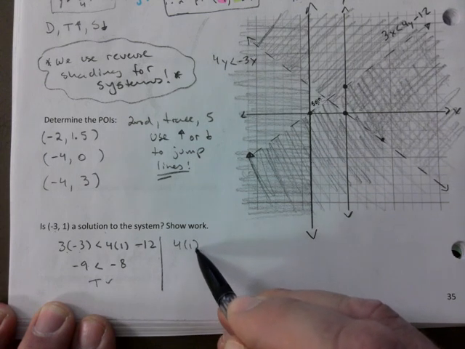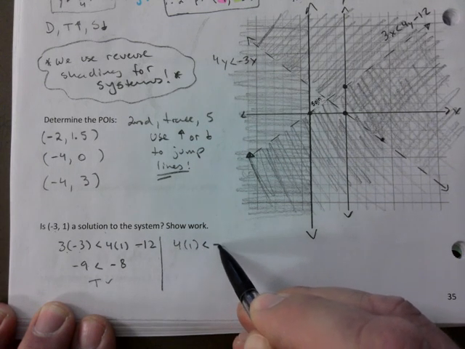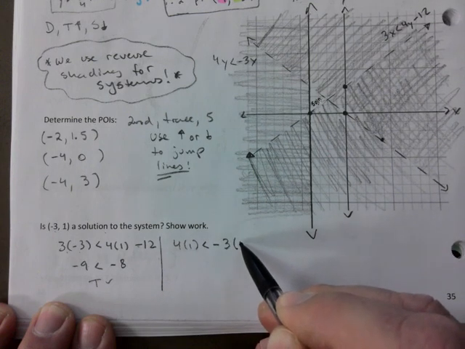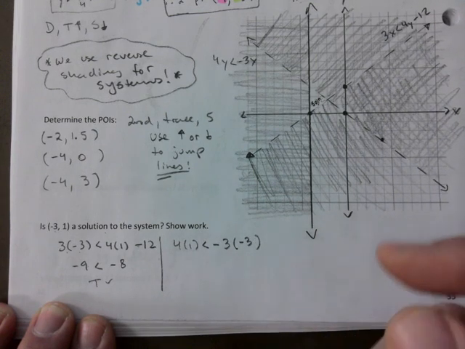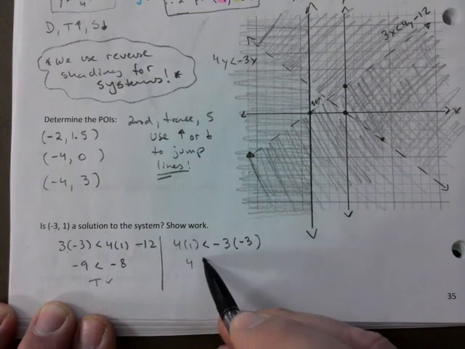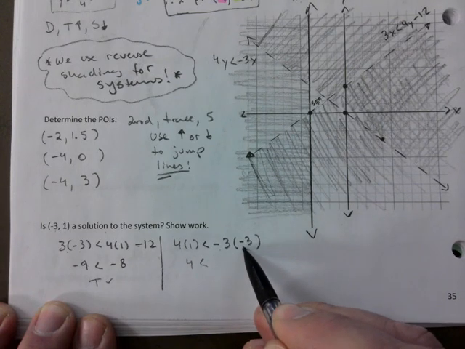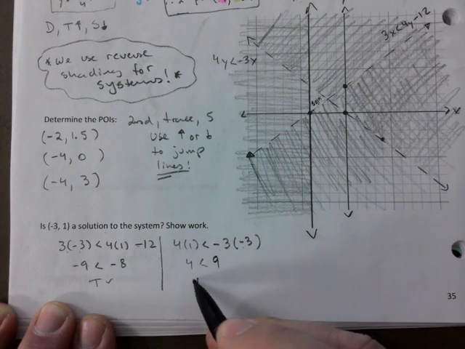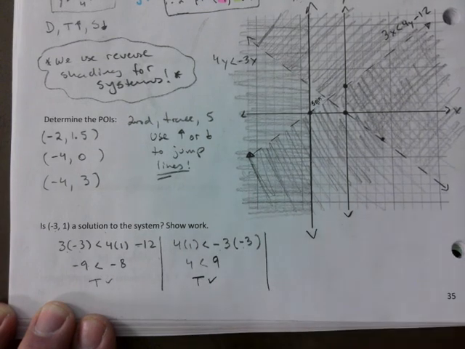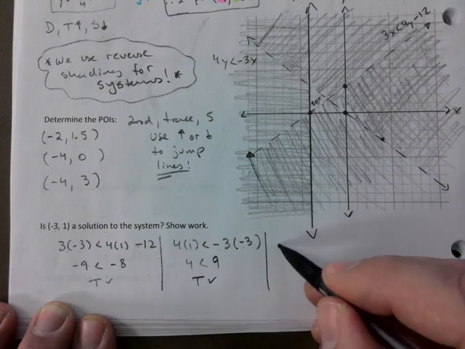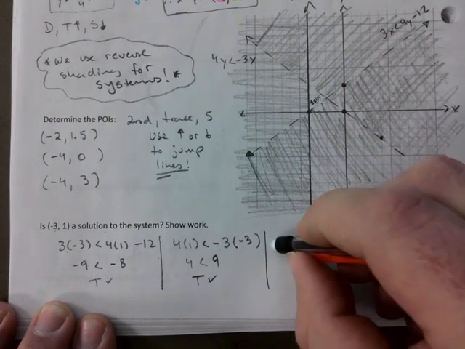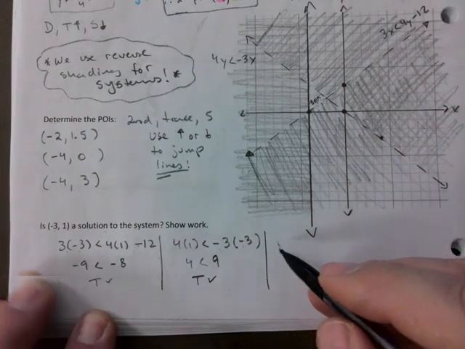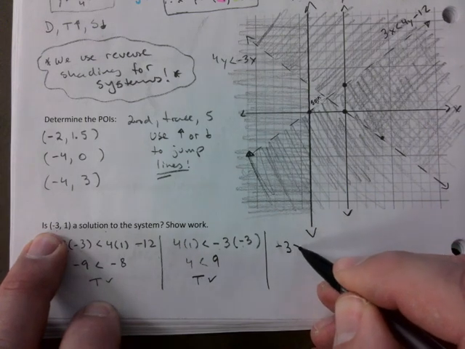4y is supposed to be less than negative 3x, and x is negative 3 here. So 4 is supposed to be less than negative 3 times negative 3, which is positive 9, correct? This statement is also true, so you've got to keep checking. The last one says that x is greater than or equal to negative 4, and in this case, x is negative 3.